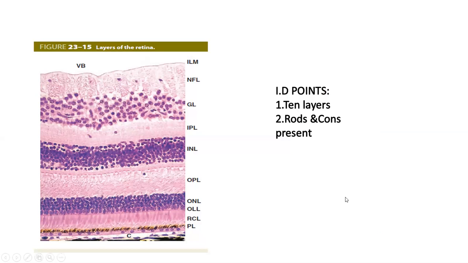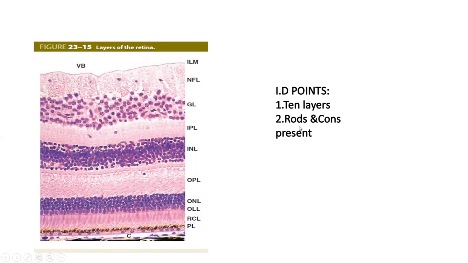Now, when you see the slide in the lab, in your exams, you have to identify it and write down two identification points. The identification points are written on this side. The most important identification point is that when you see the slide of retina, you can easily appreciate that the retinal structure is arranged in various layers, and if you look meticulously, you can appreciate the 10 layers.